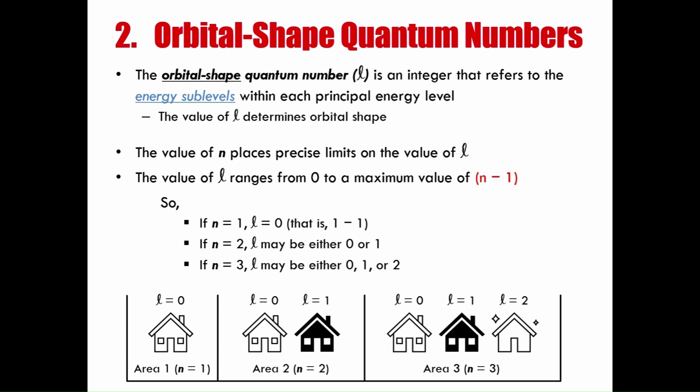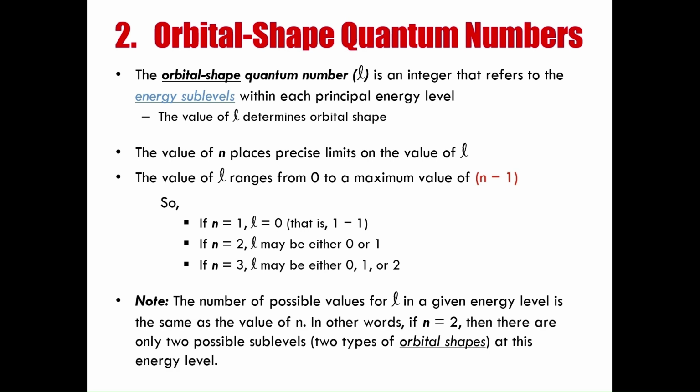So each energy level is giving you basically the sublevels within that energy level. And the sublevels can be described by an orbital shape, a specific shape that can hold electrons. And so if I have the fourth energy level, I would have 4 distinct shapes within which I can put electrons.